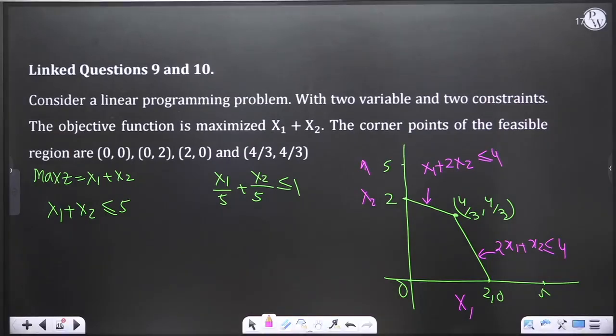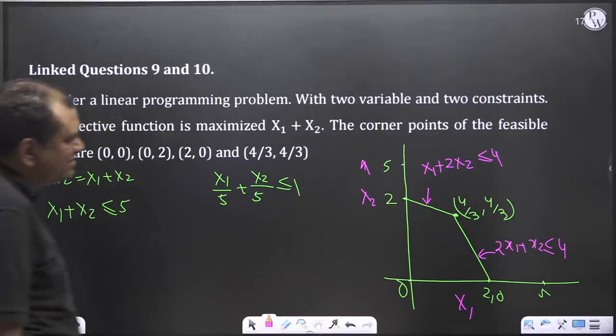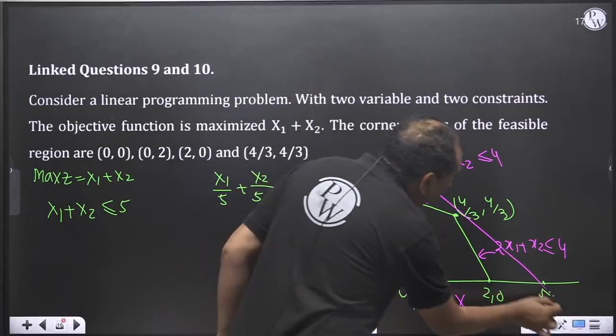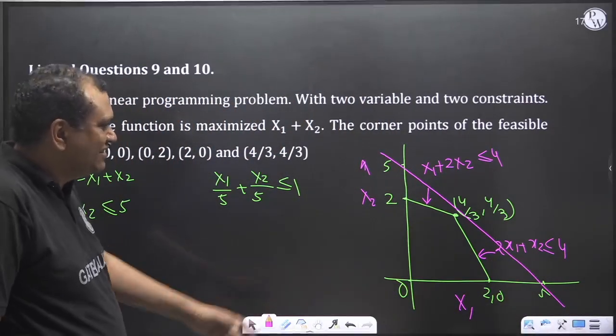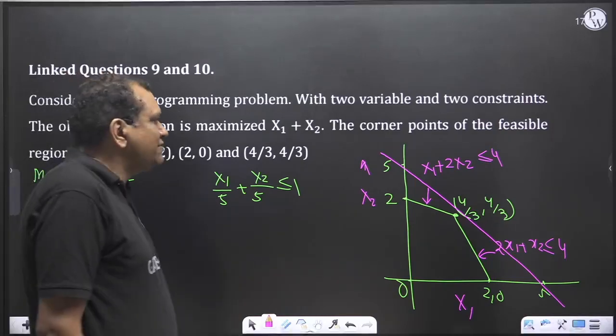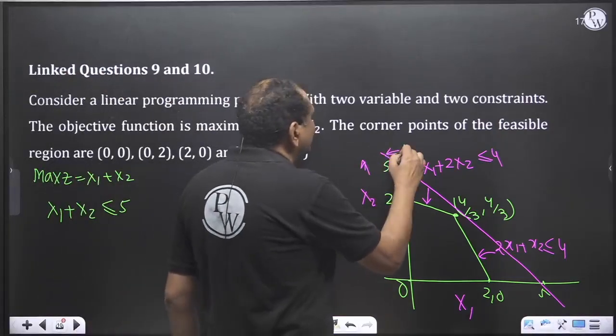Okay. So now if x1 plus x2 less than 5 is added, it will be like this. You can try constructing it. So this will be the redundant constraint.